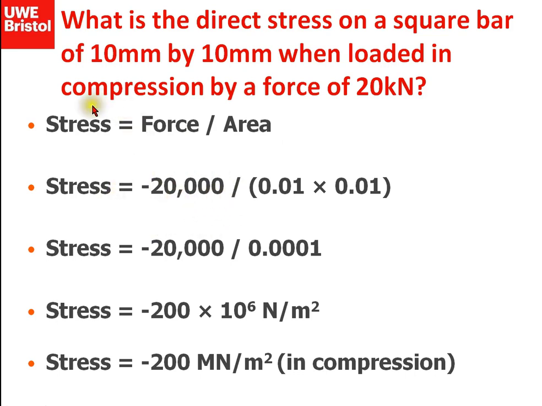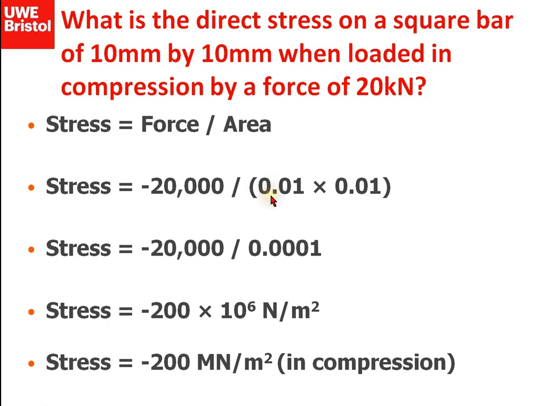For my definition, I know that when I apply an external force, and if my external force is in compression, my internal force should be negative. So I'm going to say minus 20,000 there. So that's where the minus is coming from. If I'm dealing with compression, I'm going to use this notation of minus 20,000.